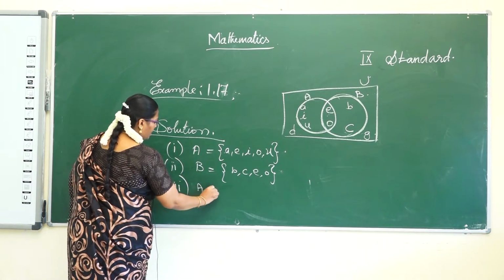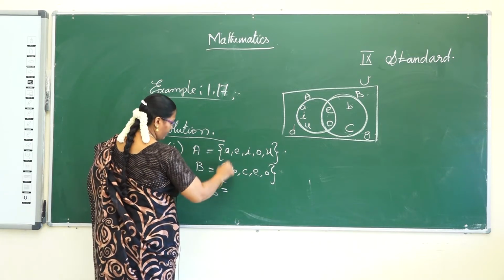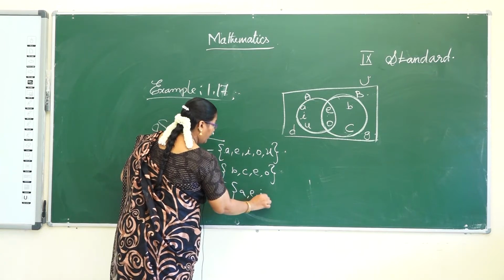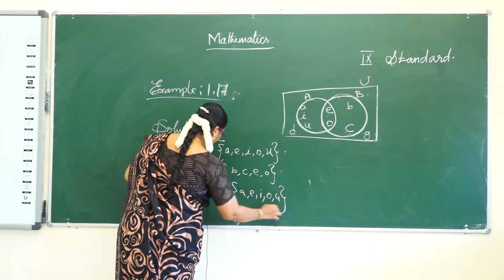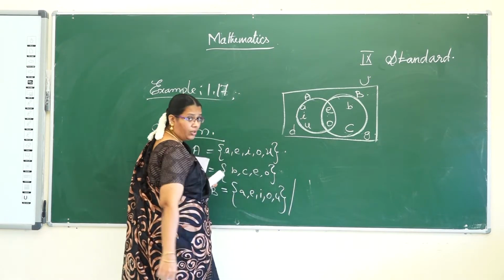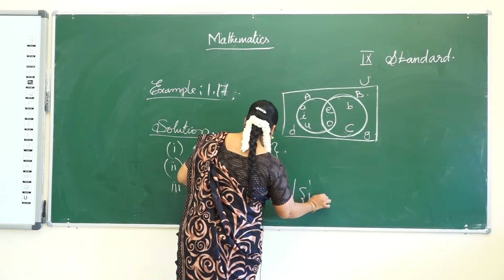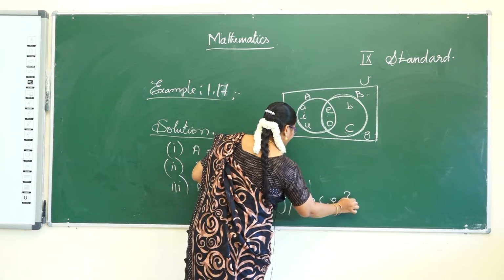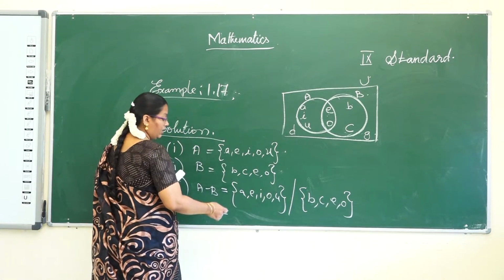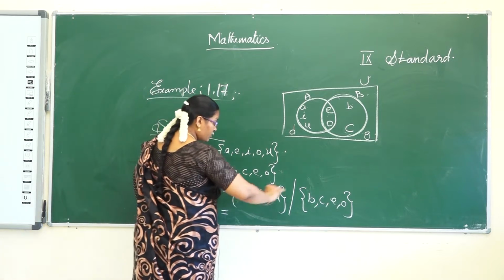Okay, right. And the third one is A minus B, that is A difference B. What is meant by A difference B? First of all, write all the elements in set A, E, I, O, U, minus B, C, E, O. It contains elements present only in set A, not in B. So which of the elements are common?